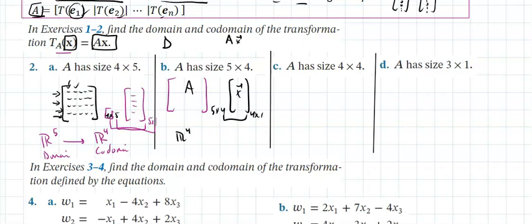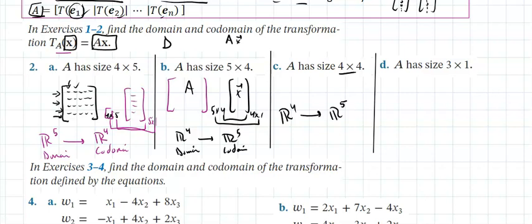So that must be in 4 dimensions. And the outcome, isn't the outcome 5 by 1? Which means the outcome, the codomain or the range, is R5 and the domain is R4. Here they match, so the transformation takes any vector in R4 and maps it into W, which is in R4.